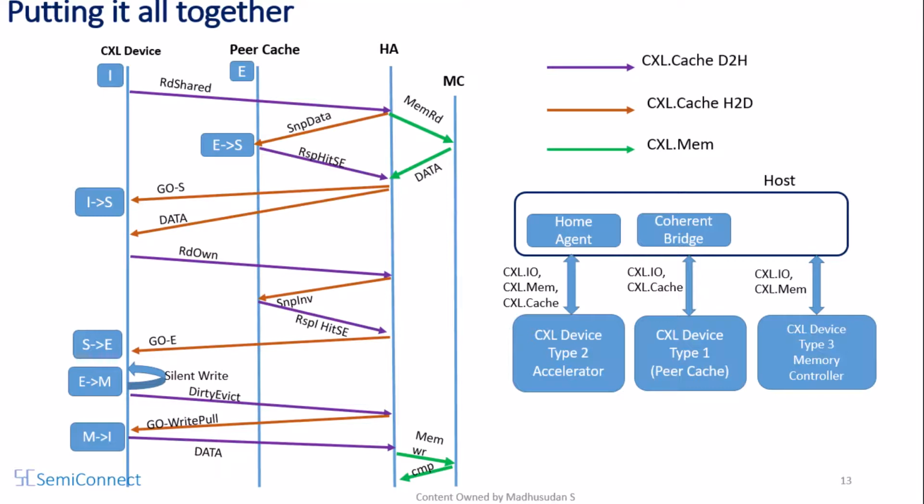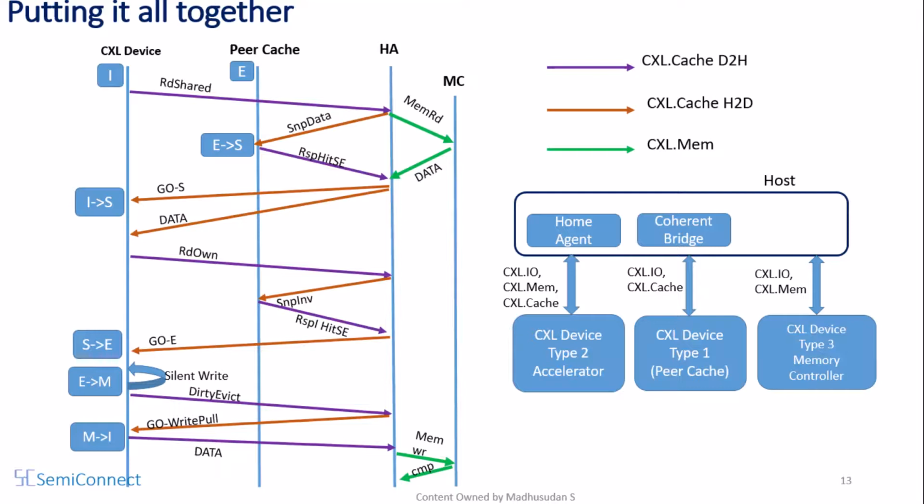It has to implement CXL.io, CXL.Mem, and CXL.Cache. Then there is a type 1 CXL device which caches the host data, and it has to implement CXL.io mandatorily and CXL.Cache as well. And then there is a type 3 device which is just a memory controller or memory expander, so CXL.io and CXL.Mem is implemented.